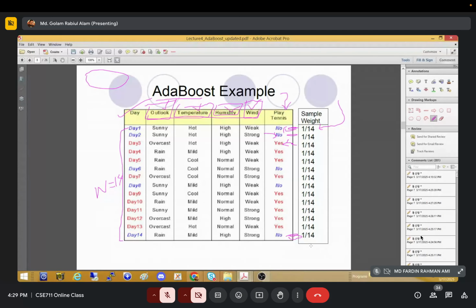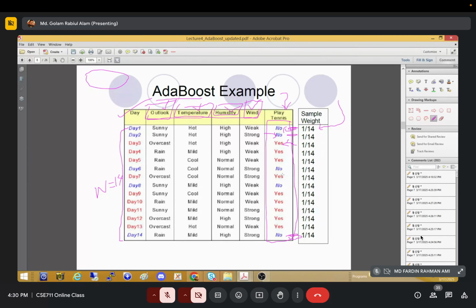So at first we have to consider this data set, and think about how we can know the impurity of this data set, or you can say the impurity of the play tennis feature. In this case, we can see how many yes and how many no. We need to find out that.